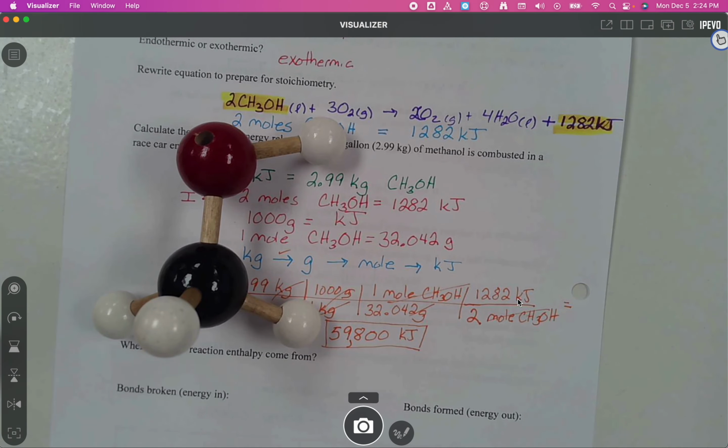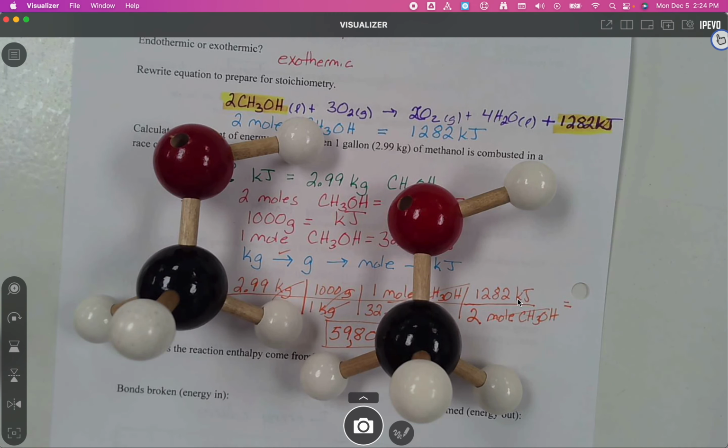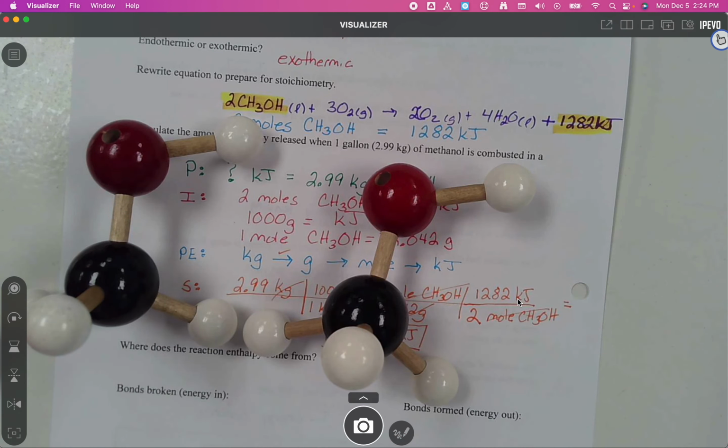There's a methanol. Okay, so here's my second methanol. These little guys, I think, look like 3-legged ostriches if you stand them up. Okay, and remember your oxygen from when we did Lewis structures is a double bonded creature.